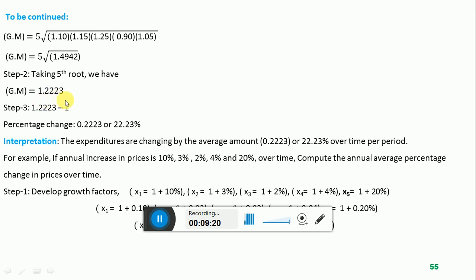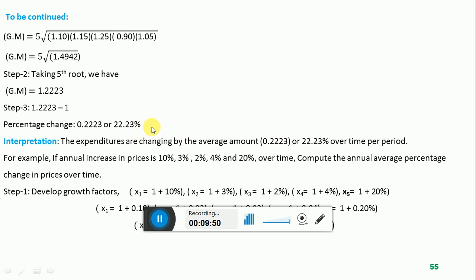Subtracting 1, the percentage change in the annual expenditures of the Transport Department of Salam University is 0.2223 or 22.23%. This is the average percentage change over time in the expenditures of the Transport Department of Salam University, 22.23%.